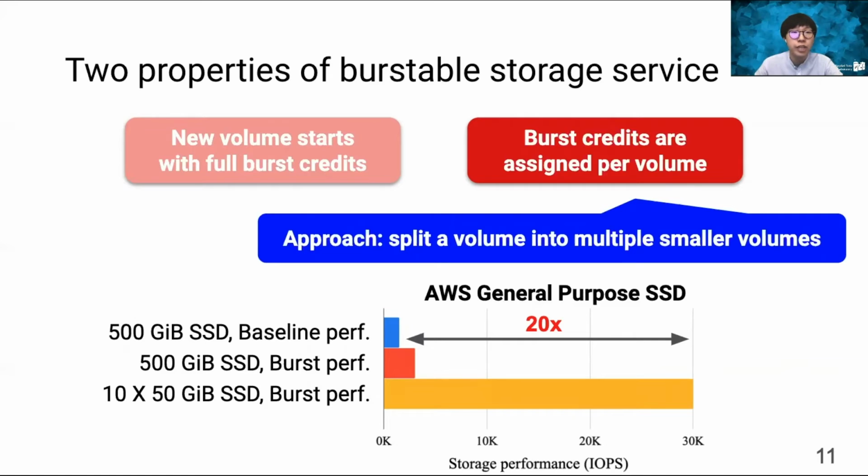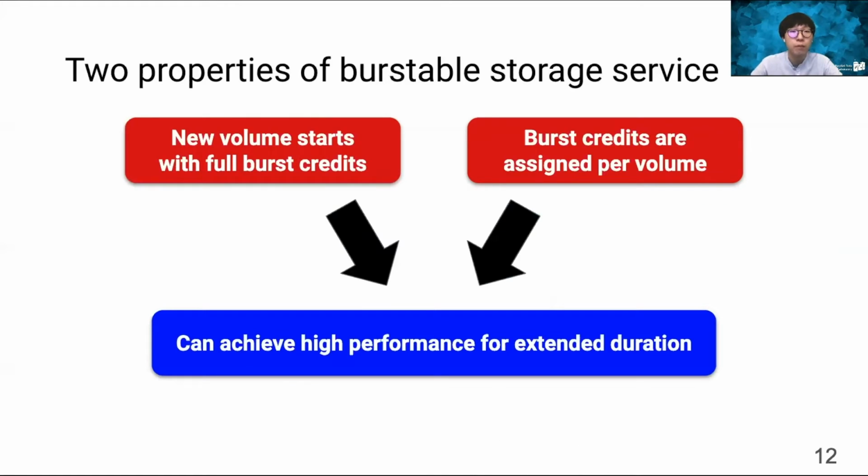Note that these three cases charge the same price because the price is calculated per provisioned volume capacity. To wrap up, by exploiting these two features of Burstable Storage Service, we can achieve high performance for extended duration.